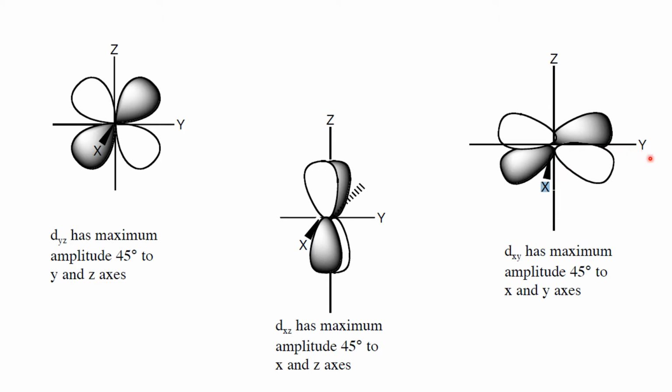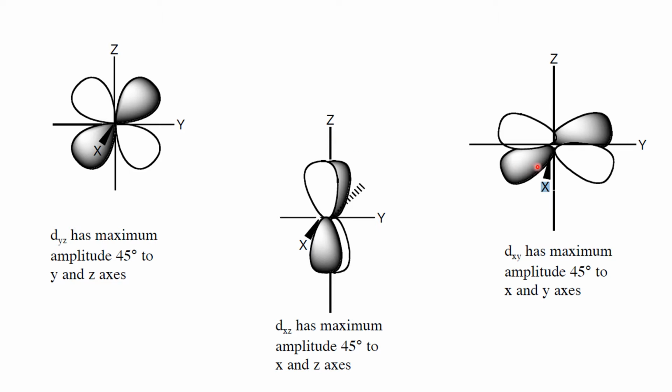These orbitals are not along the axis, like dx square y square orbital or dz square orbital. It is in between the axis. That means dyz orbital is in between the y and z axis, dxz orbital is in between the x and z axis.